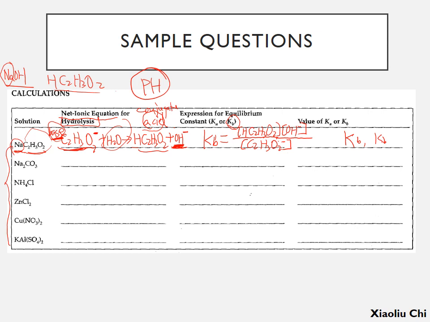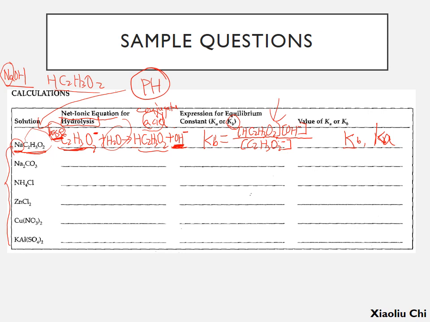Okay, from the color change of this salt, you estimate the pH value of this solution, and from there, combined with this equation, you should be able to calculate Ka or Kb. We're going to show you how to do that in one of the pre-lab questions later. All right, so that's the first one.